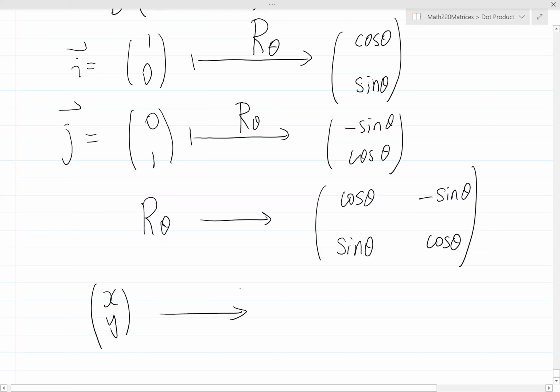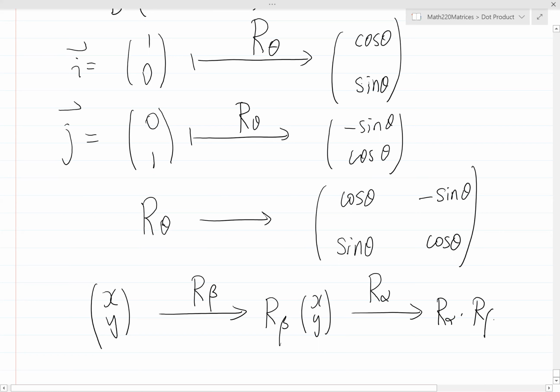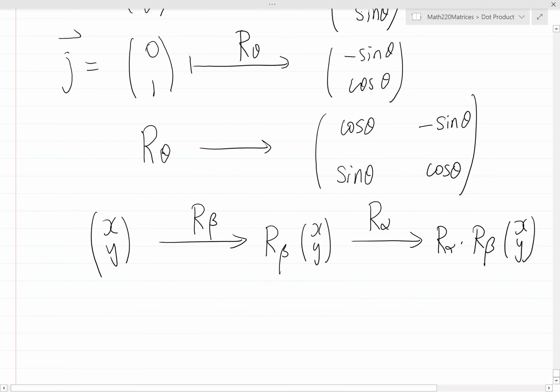We rotate it by R beta, and then we get R beta applied to x, y. And then we rotate it again by an angle alpha, so we get R alpha R beta applied to x, y. Another way, we just directly rotate it by an angle alpha plus beta.